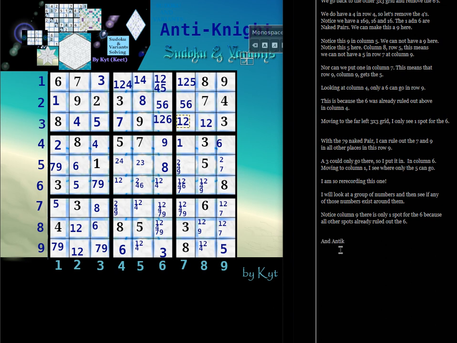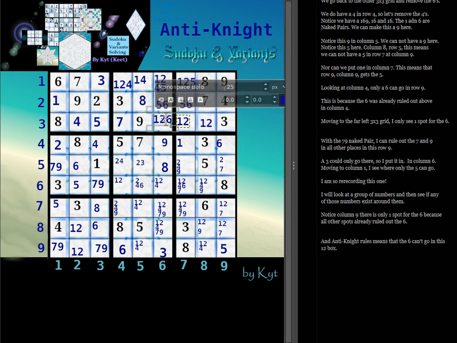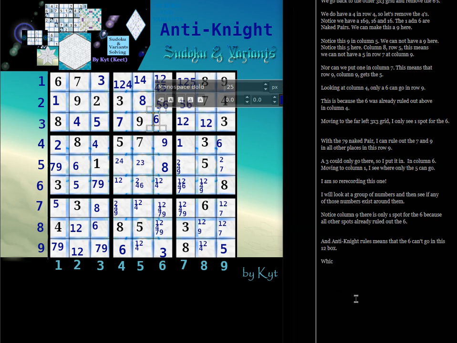And anti-knight rules means that the 6 can't go in this 1, 2 box, which makes column 6 be the 6.